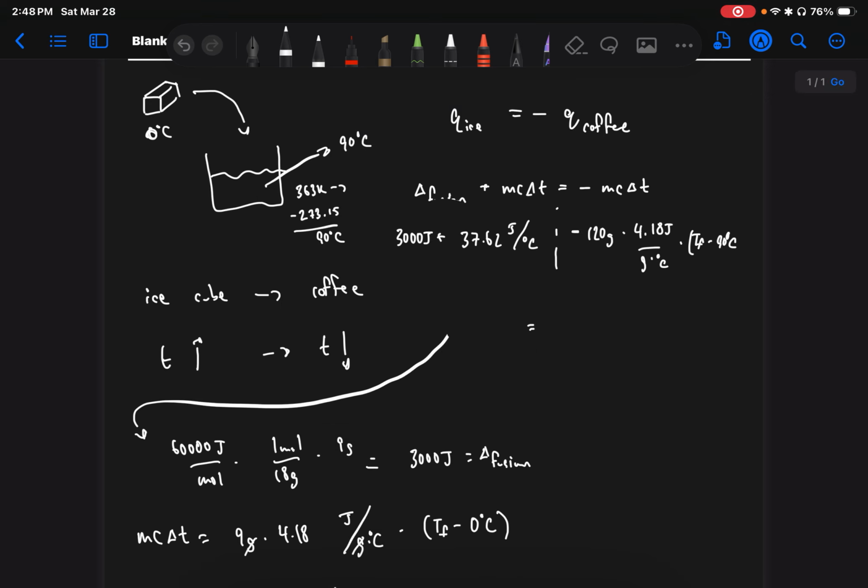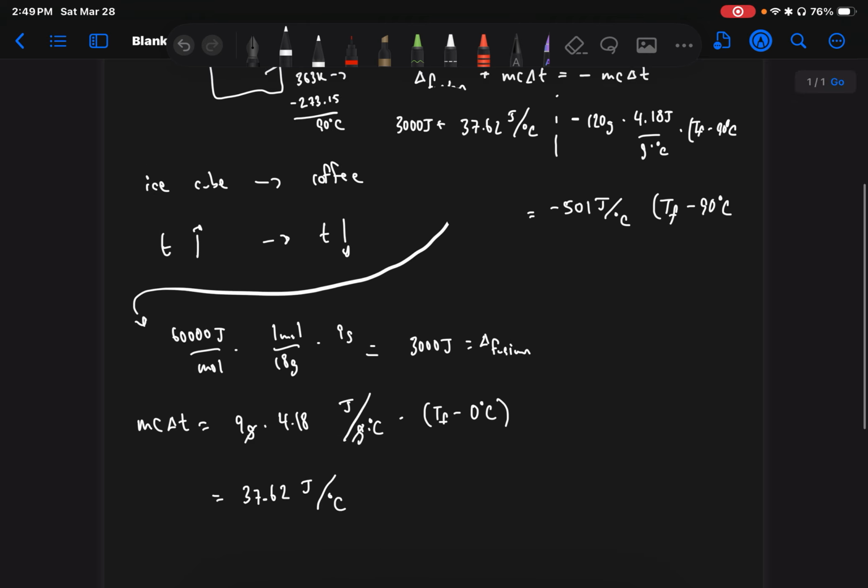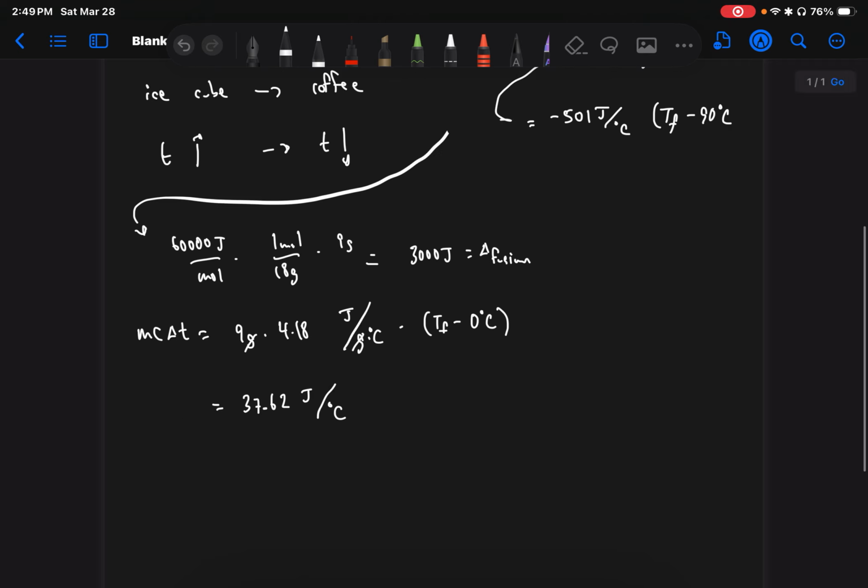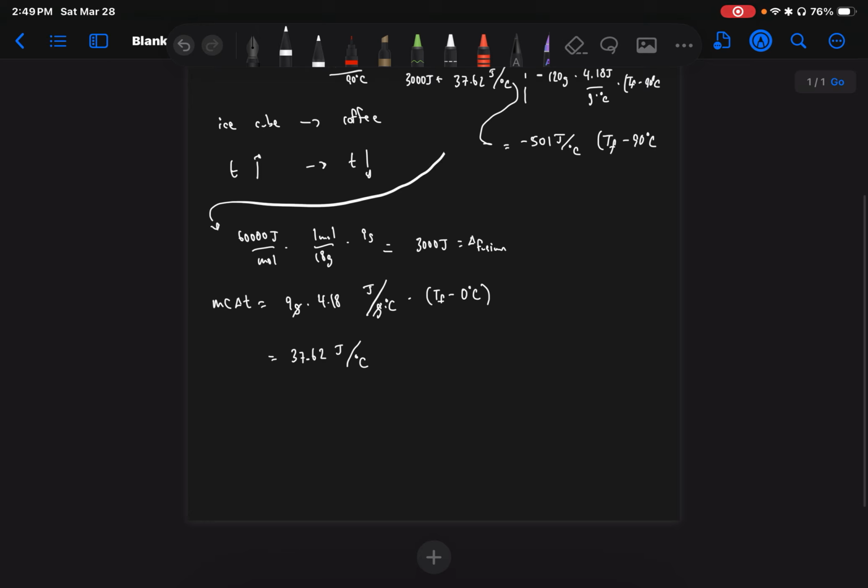Damn, this is messy. Negative 120 times 4.18, negative 501 joules per degree Celsius multiplied by TF minus 90 degrees Celsius. So now we just gotta set these two equal to each other. That was the wrong arrow. My work is looking not the best, could have made this a bit neater. We'll just move on to the next page.